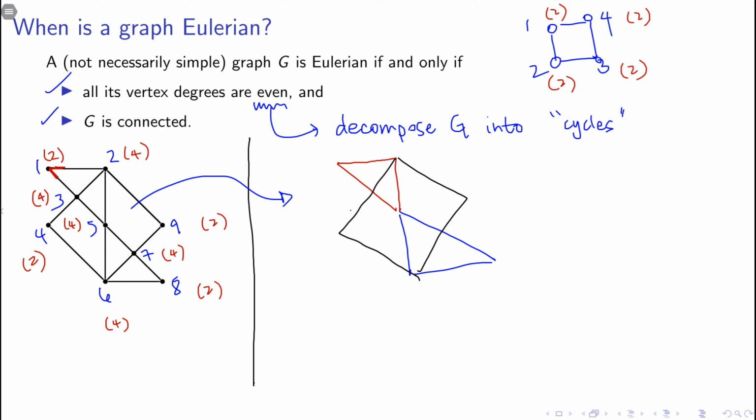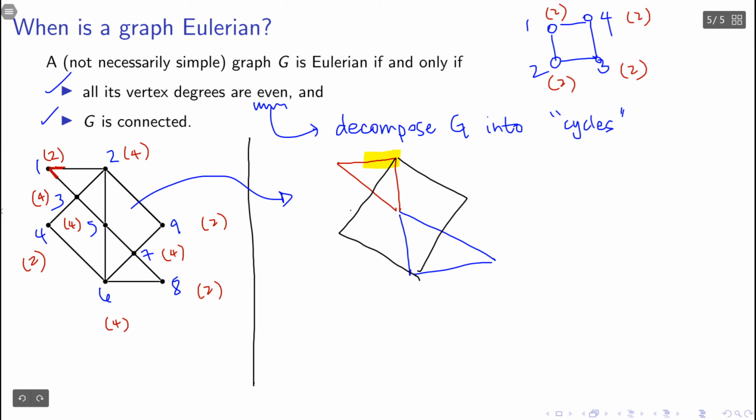And what about cycles allows us to draw this graph without lifting our pen? Well, I can do it this way. I can go through each cycle, and at some point where I intersect another cycle, I can continue drawing there, right? So I'll show you here in this graph.